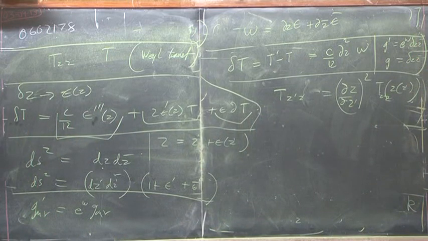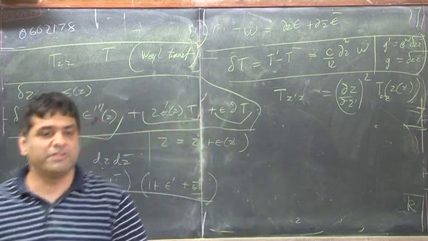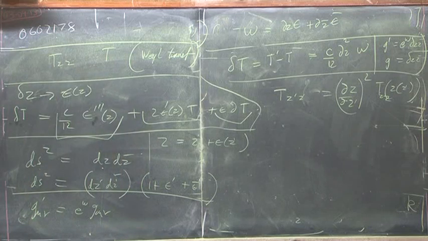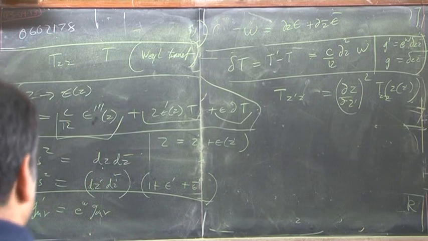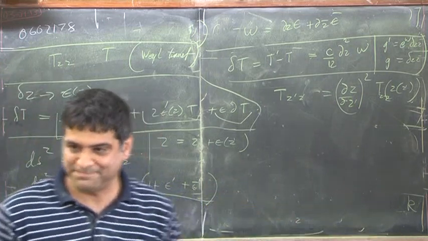So what we see here is we've got a nice formula for the transformation of the stress tensor under an infinitesimal Weyl transformation, at least about identity, at least about flat space.